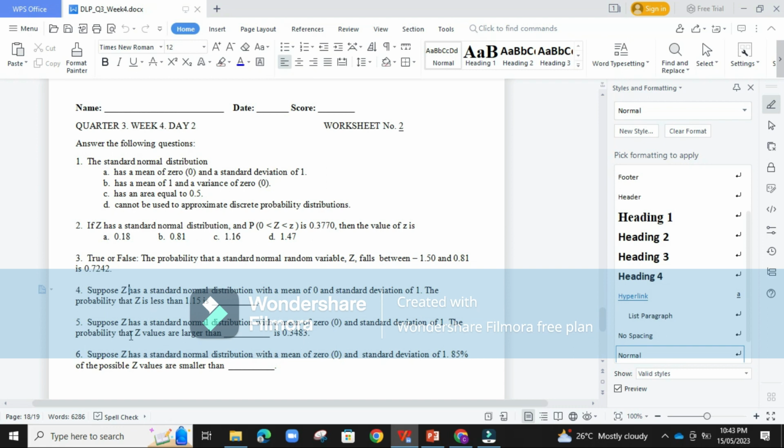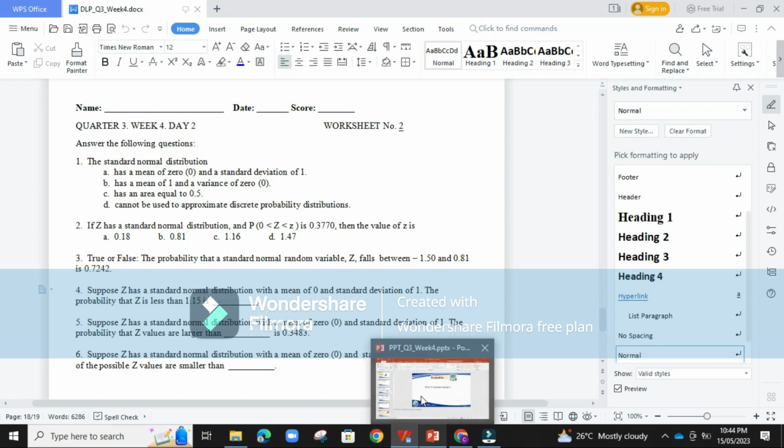The probability that Z values are larger than blank is 0.3483. And number 6, suppose Z has a standard normal distribution with a mean of 0 and a standard deviation of 1.85. Of the possible Z values are smaller than blank. Okay, so you're going to answer this, copy and answer on your math activity notebook.